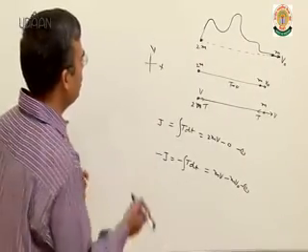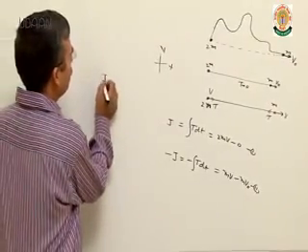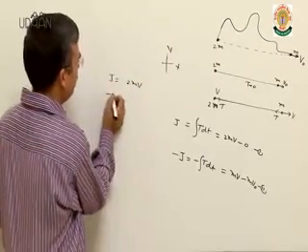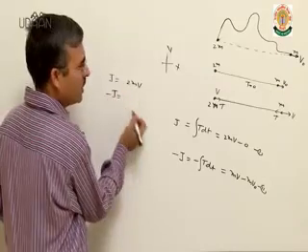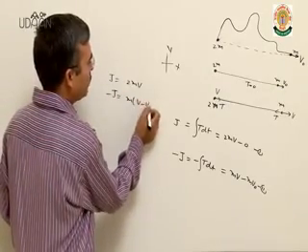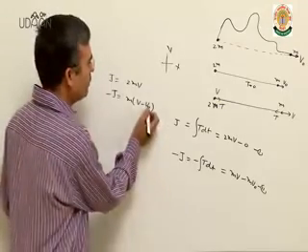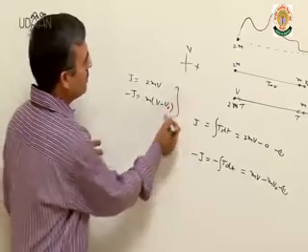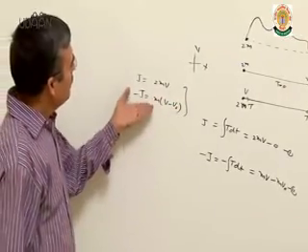Let us simplify them. So J equal to 2mv, and minus J equal to m into (v minus v naught). Clear, children? Solve these two equations. How will you do it? By adding.